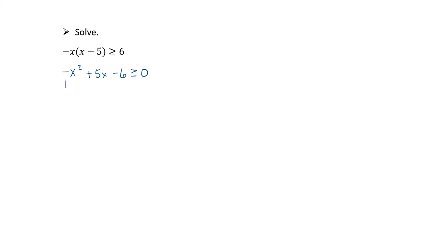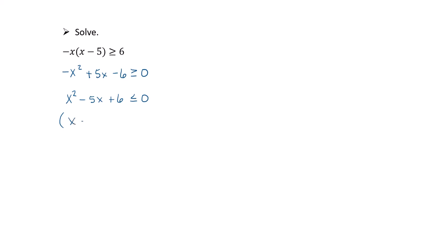Now, I don't like so much leading off with a negative here, so what I can do is multiply both sides by -1. When I do that, it changes all my signs and flips my inequality sign. As long as you do that, you're still good.